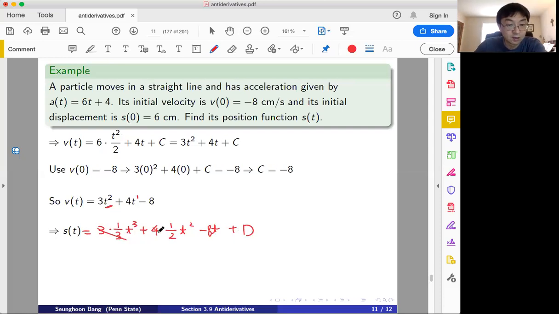Cross out 3, cross out 2, only 2. So we have t cubed plus 2t squared minus 8t plus d. How can you find d?